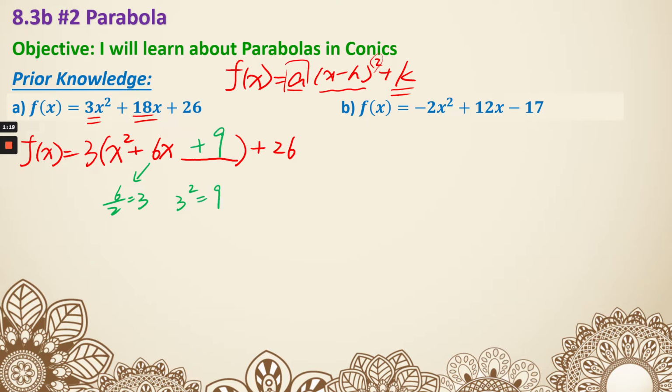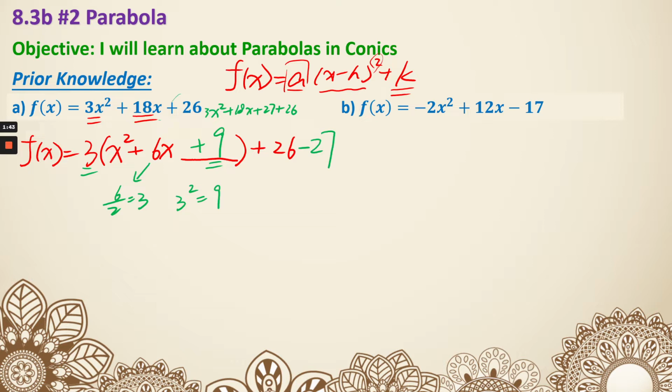However, that is not fully done, because if you think about it, if you open the parentheses, right now you're going to get 3x squared plus 18x plus this 27 plus 26. That's not the same as the original, because we have added this extra number, 3 times 9, which is 27. So in order to still keep our equation the same, or in other words, keep it balanced, we are going to subtract 27 on the end.